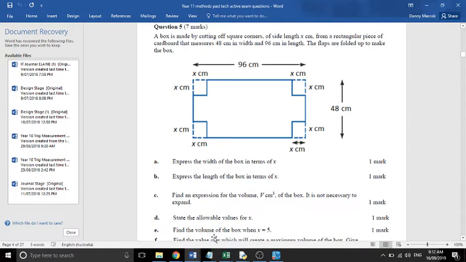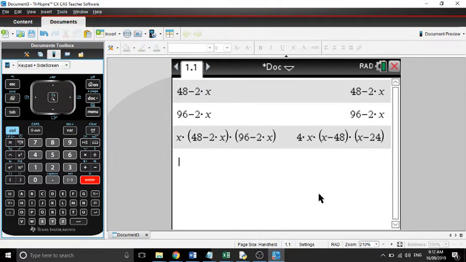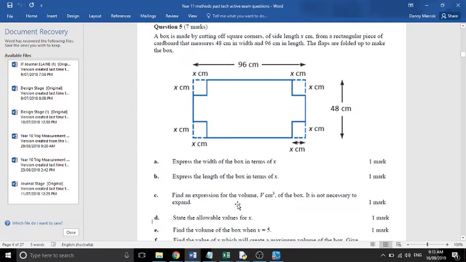So we'll say X times, open a set of brackets, times, and open another set of brackets. I'm going to press the up arrow key, go across, press the up arrow key, press enter, and that's what I end up with. This would be accepted, and so should this. You don't need to expand, but if you're typing it into CAS just to make life easier for yourself, either one of those should be fine. So that's the volume.